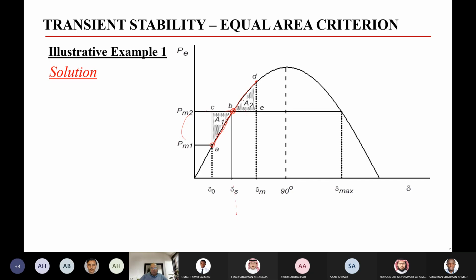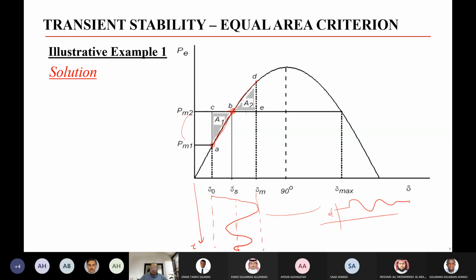Usually they draw this as time versus delta: we start here with this angle, then the angle increases, decreases, increases, decreases.